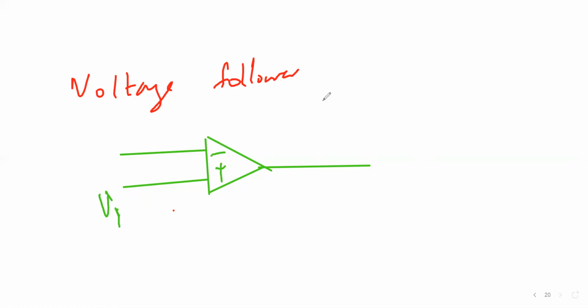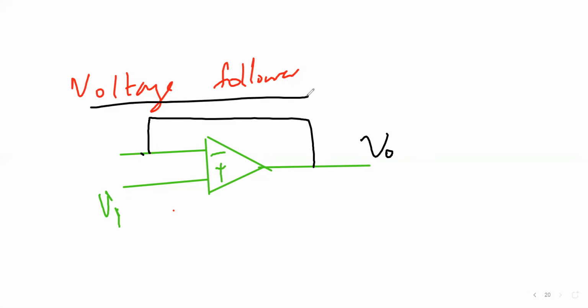Voltage follower means I connect the output back to the input. This is called a feedback amplifier. In the sense, the output voltage follows the input. Whatever I get at the output is taken as an input to the amplifier. Output is equal to the input.